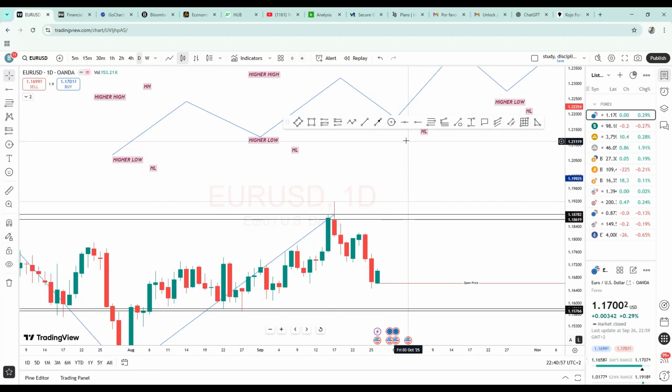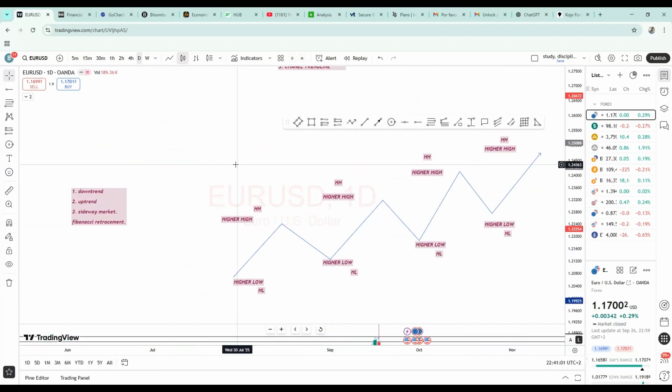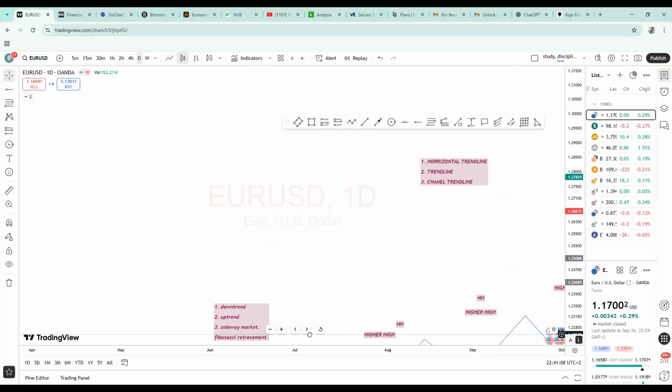So now the next in my list is going to be the Fibonacci level. Where is it?